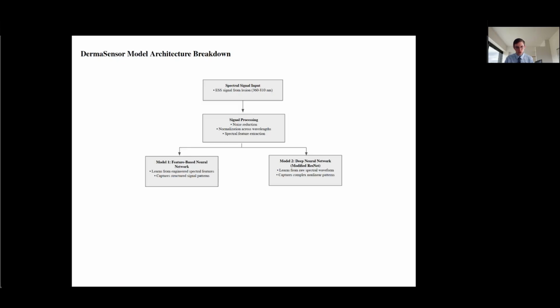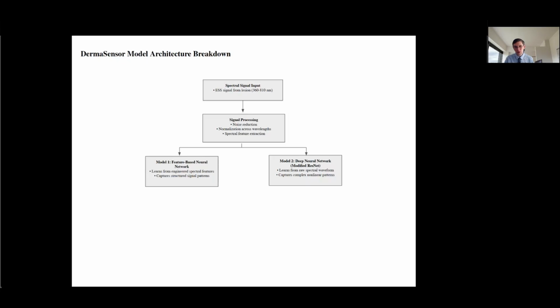And that's where it breaks off into two different model types. And like we discussed last slide, the first one is a feature-based neural network, and that really learns the engineered spectral features. And the second one is the deep neural network, and this is based on a modified ResNet, which is basically, it learns the raw spectral features and it really captures the complex nonlinear patterns.